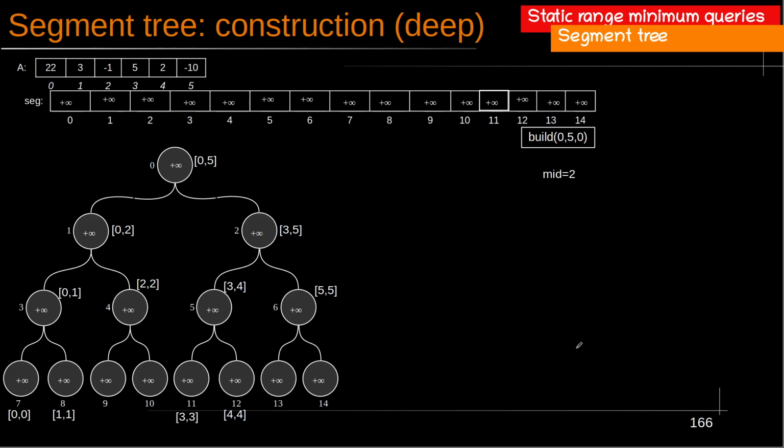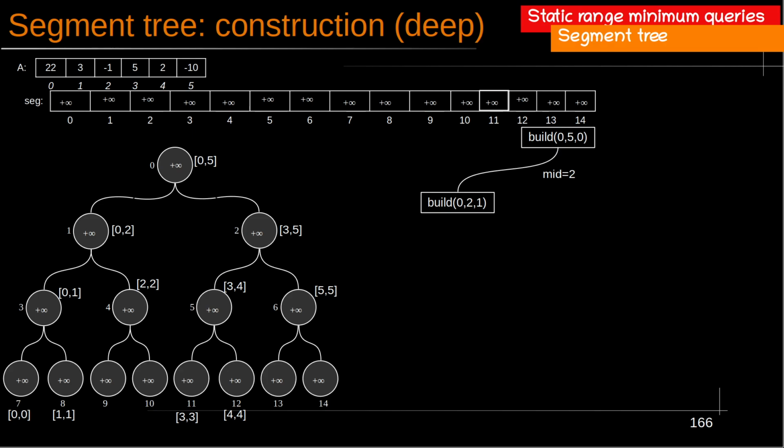So we divide this range by 2. 5 plus 0 over 2, the quotient is equal to 2. So we go left. So now from 0 to 2 we take the first part, because from 0 to 5 the middle is at 2.